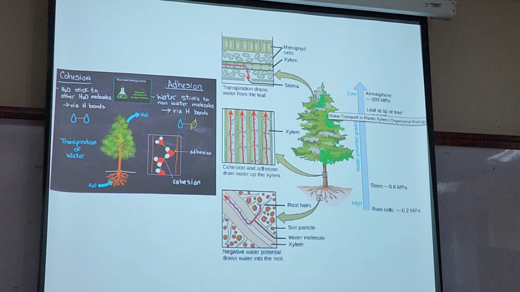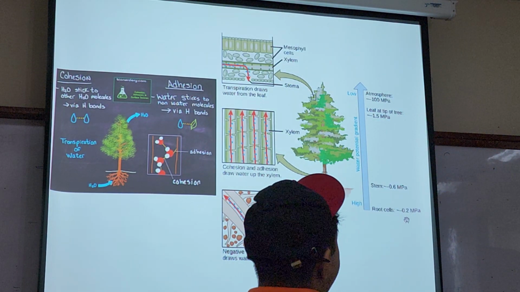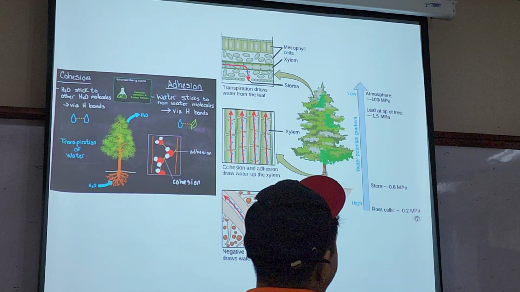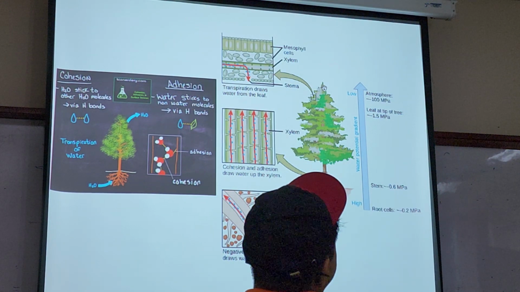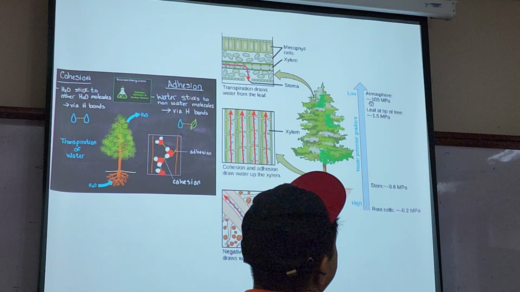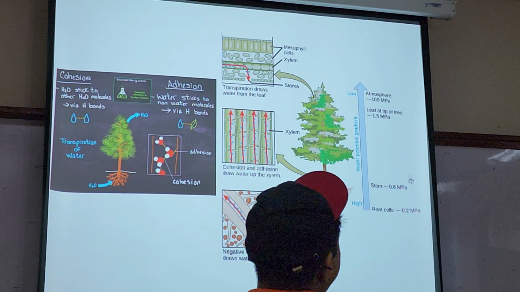The example is in here. Look at the root here. Water that is present in the root region, the reading is what? Negative 0.2. Water at the top of the atmosphere, at the top of the canopy here, what's the reading? Negative 100. Which one is close to 0? The root region or the atmosphere region?